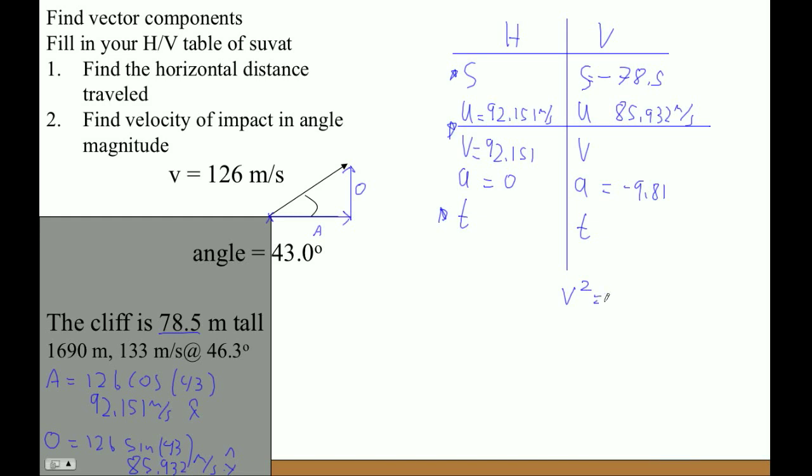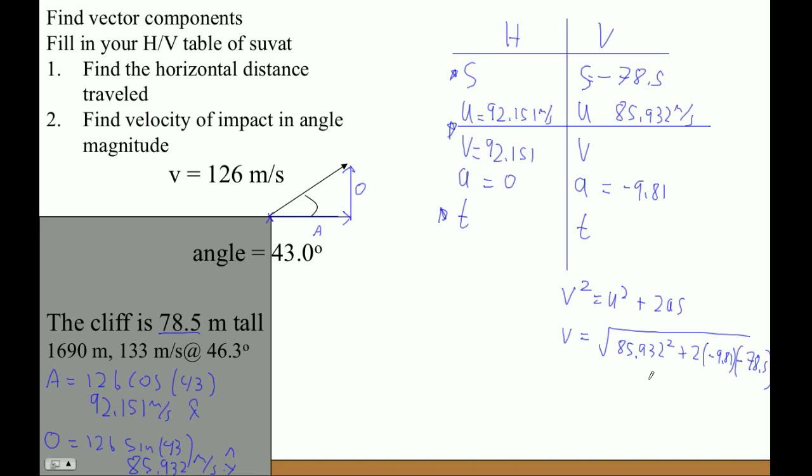So v squared is u squared plus 2as. So v is the square root of 85.932 squared plus 2 times negative 9.81 times negative 78.5. Don't forget the negative.